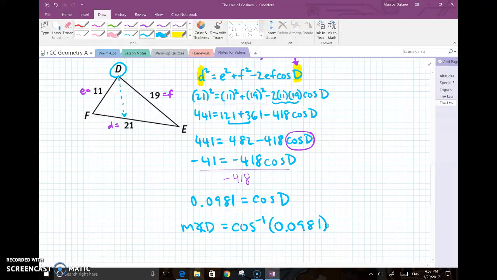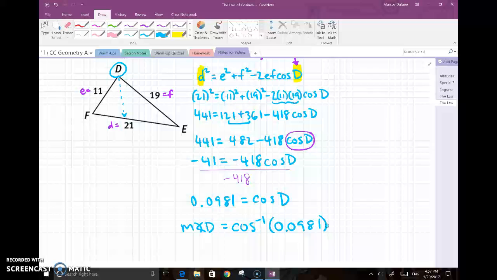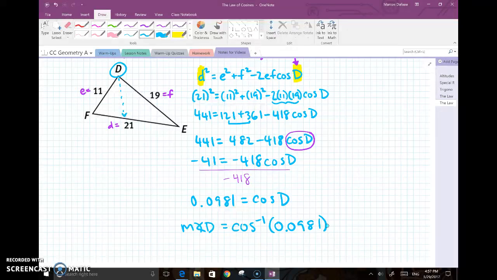Just doing the inverse cosine here, 84.4. So the measurement of my angle d is equal to 84.4 degrees. Make sure that when you're using your calculator to do this, that it's in degrees mode instead of radians mode, because you will get a different answer.